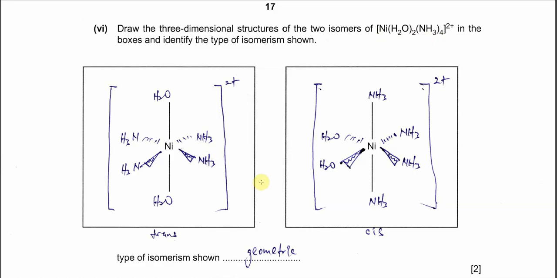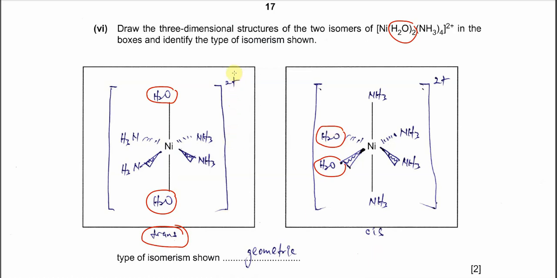So you can actually draw the cis-trans isomers. Make sure we use the water as the guide. When the water ligands are at different sites, this is a trans isomer. When the water is at the same site like this, this is a cis isomer.